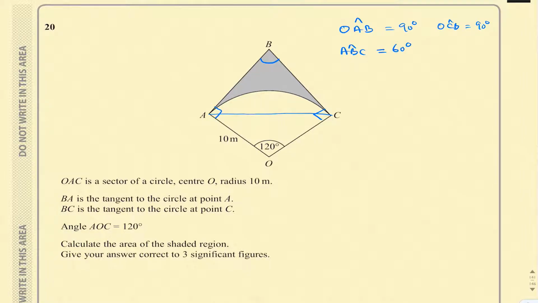So 120 plus 90 plus 90, taken away from 360, would be 60 degrees.